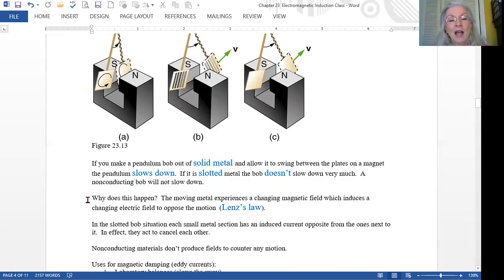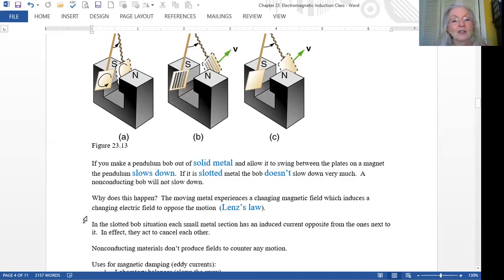So why is all this happening? The moving conductor experiences a changing magnetic field, and that's going to induce an electric current that will have a magnetic field that will oppose the motion. So this is all about Lenz's law.